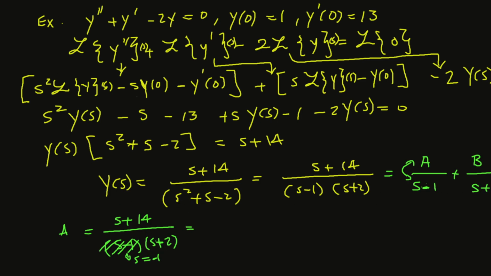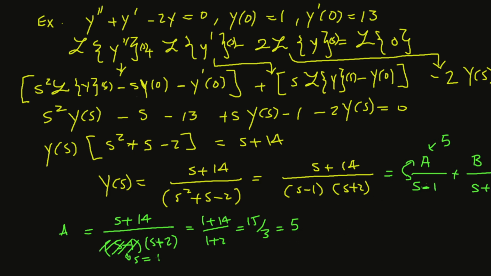So yes, the critical value is s equals 1. So if we have 1 plus 14 over 1 plus 2, that's 15 over 3, which is 5.